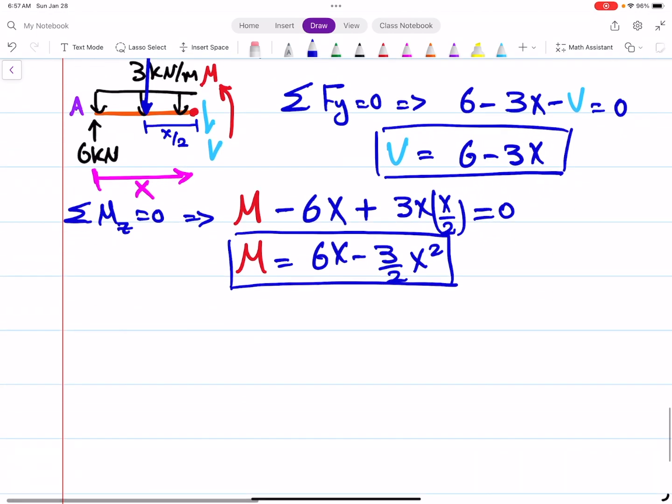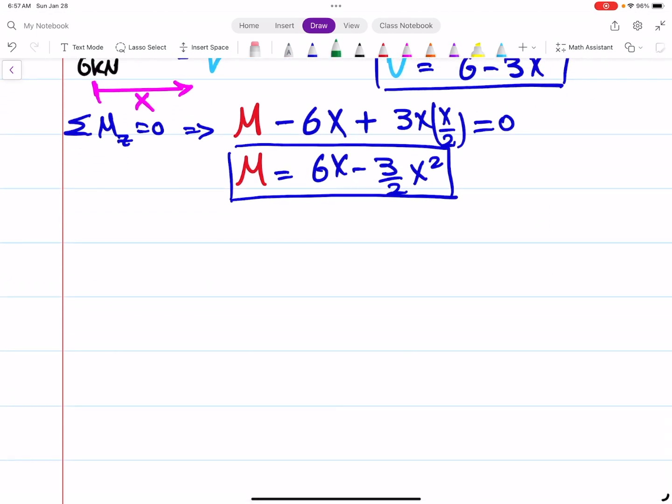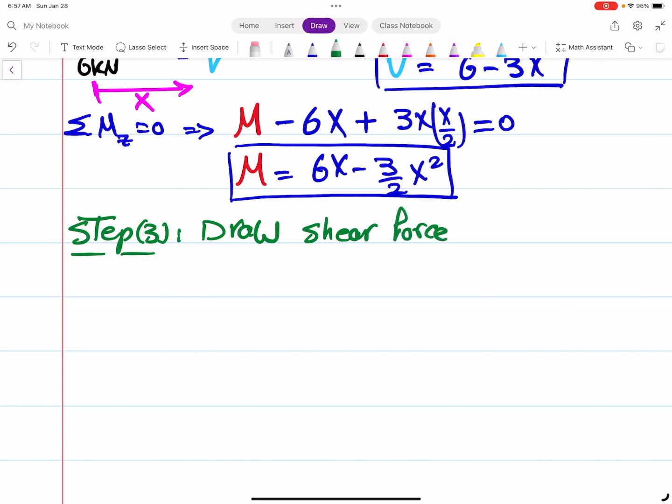Okay, so the third step is to draw shear force and bending moment diagrams.